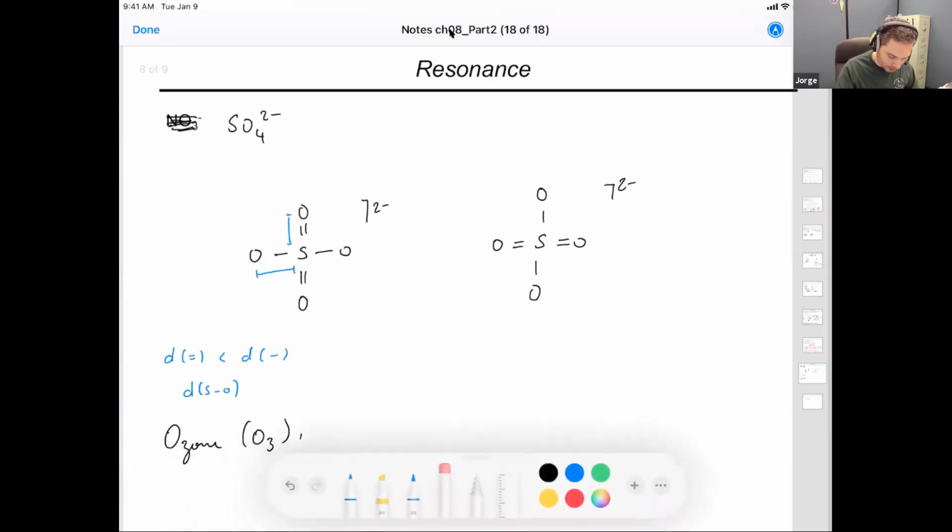And the reason for that is that the double bond is not located in a specific axis, but it's moving around the compound all the time. Okay, so therefore, both drawings are correct because the double bond is not static. It is changing all the time. And that's the resonance concept, okay?